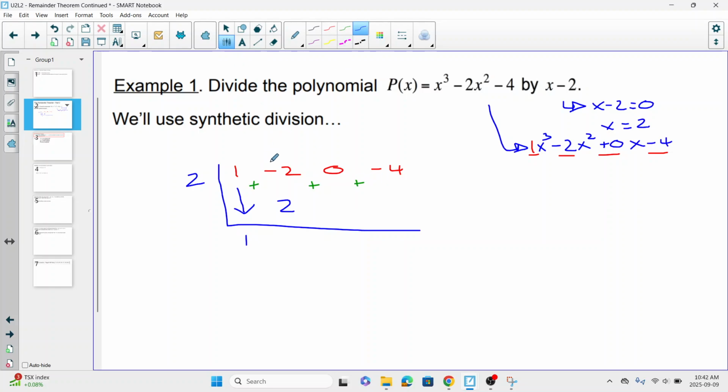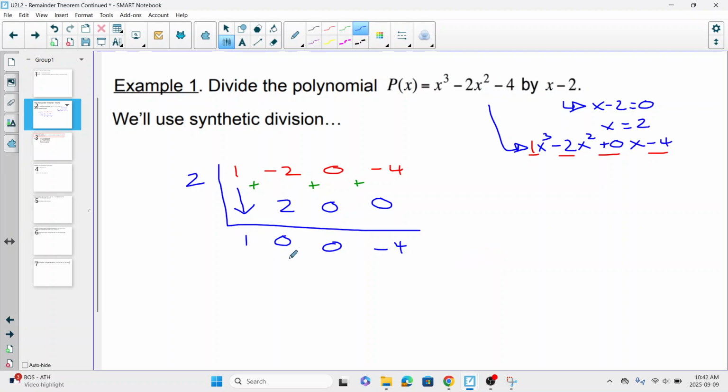And so we have negative 2 plus 2, which is 0. And then we do 2 times 0 and put that number here, which is 0. And now we have 0 plus 0, which is just 0. And then we are doing 2 times 0, which is 0. And negative 4 plus nothing is negative 4.